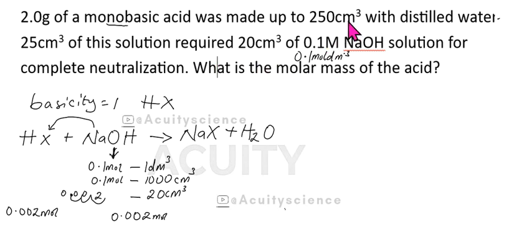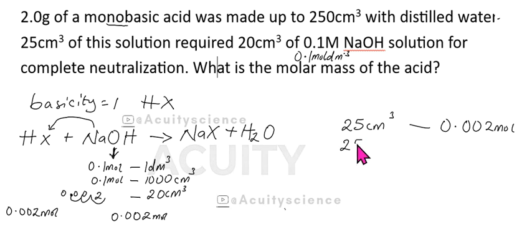Although 250 cm cube was made, only 25 was actually used. What that means is that 25 cm cube had the required number of mole for this neutralization to occur. So in 25 cm cube, we have 0.002 mole.